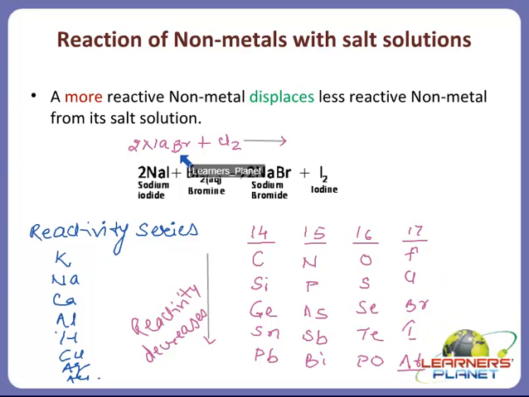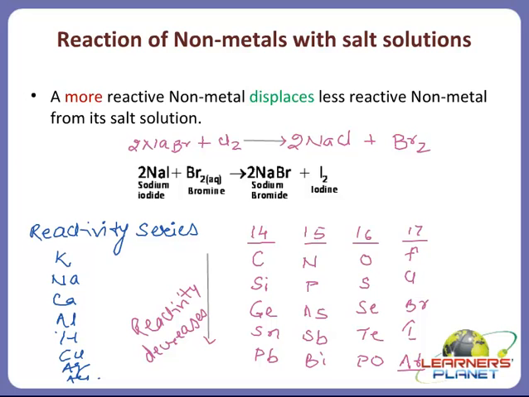Chlorine will replace bromine from its salt solution, right? And it will form 2NaCl plus Br2. Right? So in this case it happens like this. Okay, children? In any case, the salts with the non-metals are formed by group 17 only.